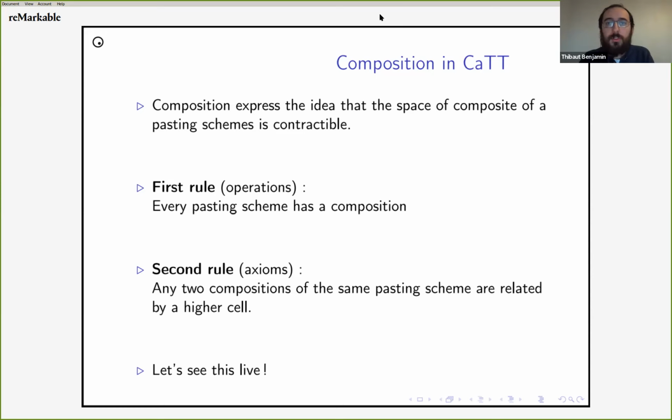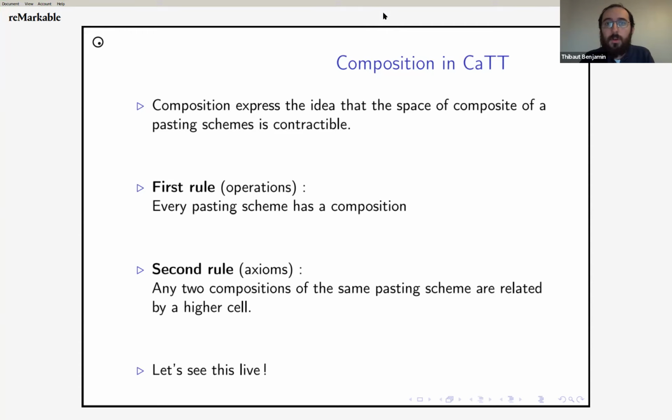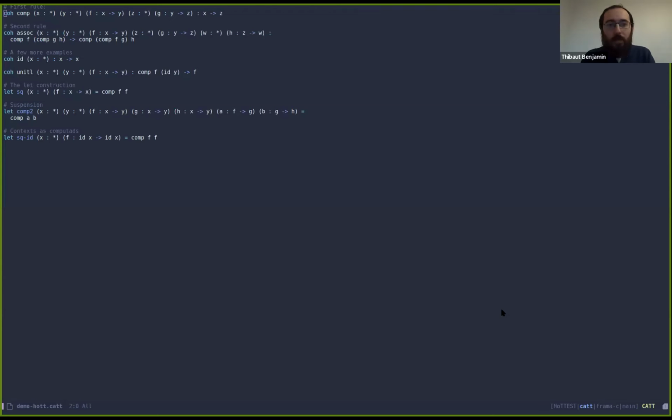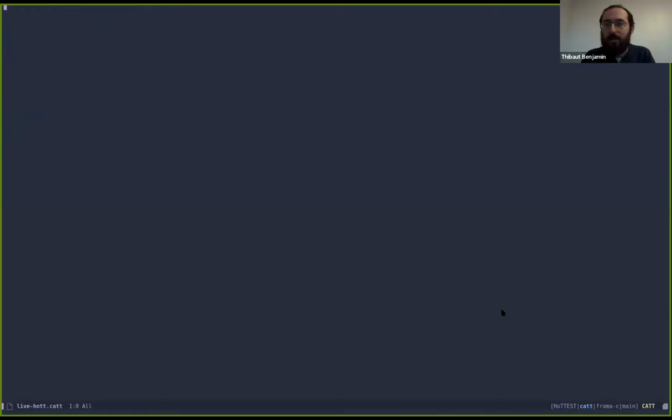So I'll just stop sharing, and I'll share the other screen, which is here. Share. So now you should see it. So this is my cheat sheet, so you should not look at it. So first, I'll show you the first rule. I'll illustrate the first rule, which is the composition.